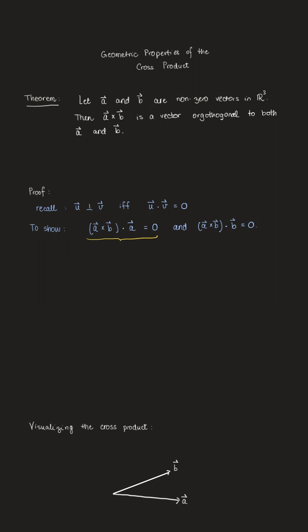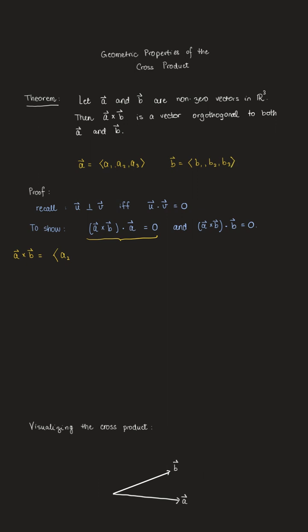Okay, so let's recall A cross B. Imagine that we've done the determinant and we have found the components of A cross B. Here I'm going to specify that A has components A1, A2, A3, as in the previous video, and B has components B1, B2, and B3.